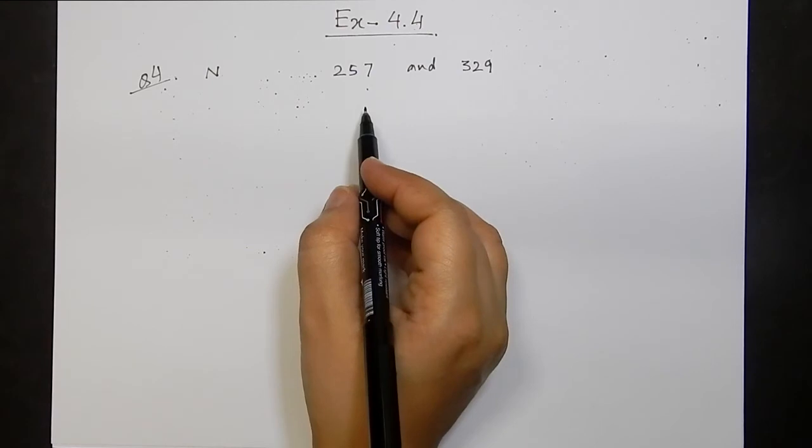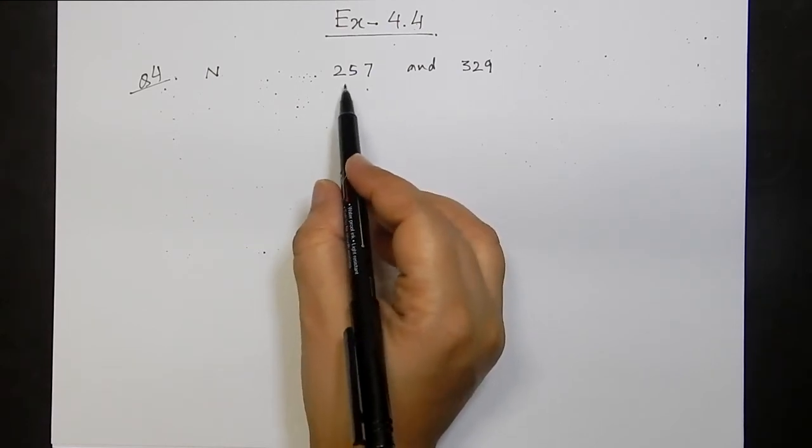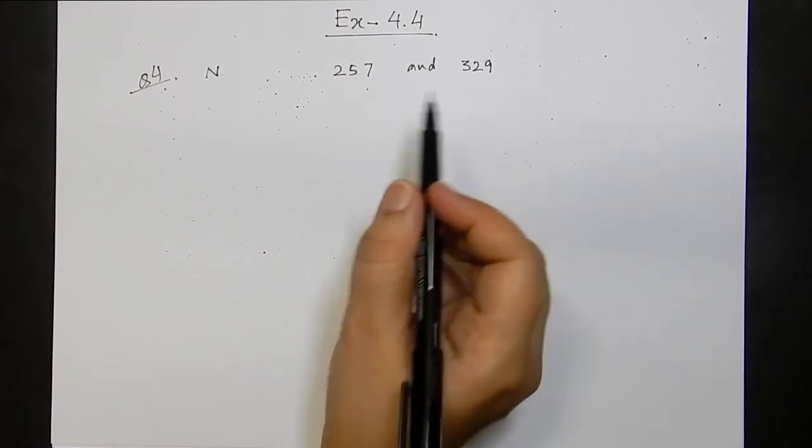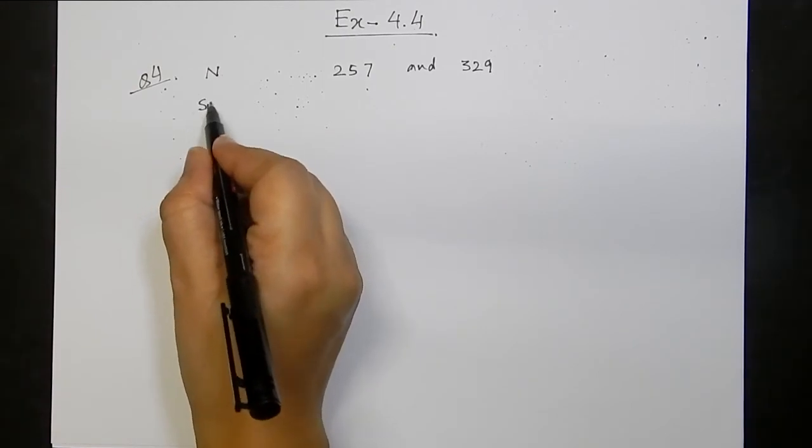So what we are going to do first is subtract that extra 5 from both the numbers. So what do we write?